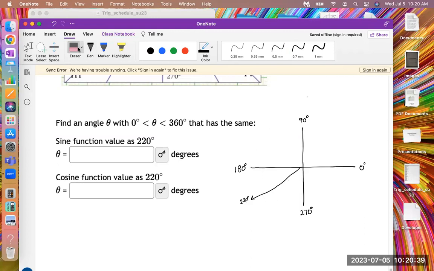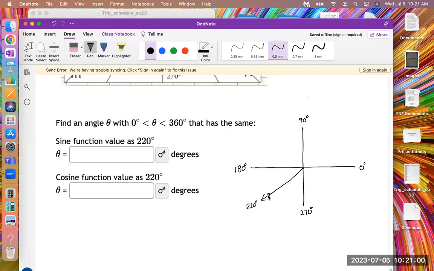Except the terminal side always goes to the origin, so let me erase that. We'll say 220 is about right there.